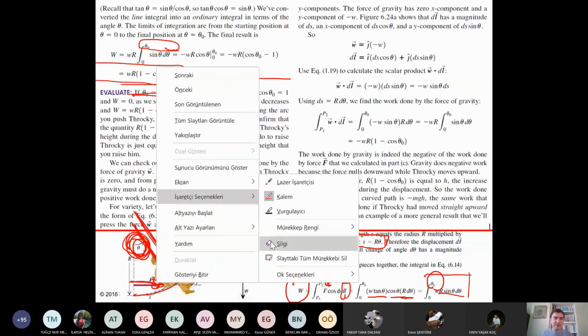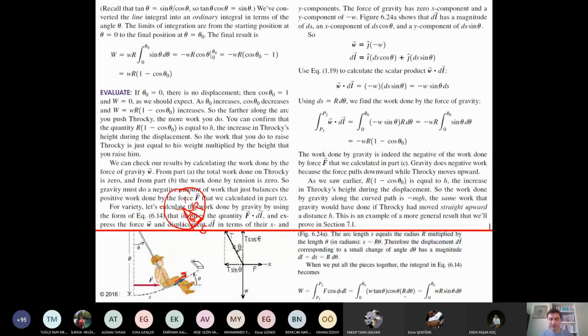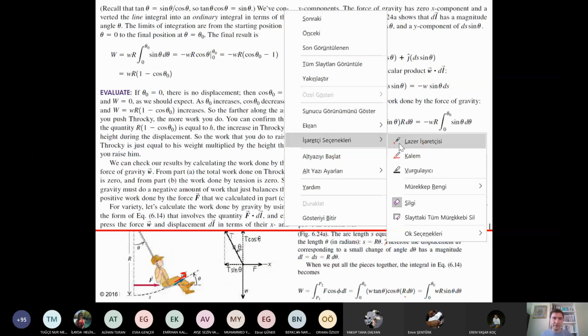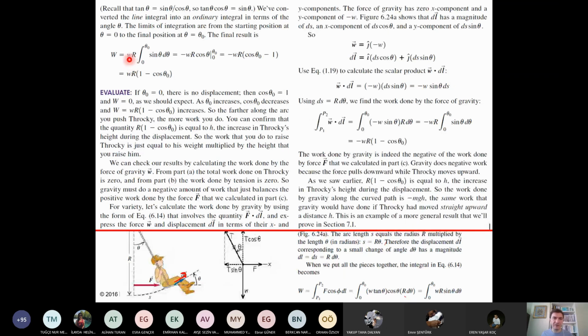Let me also discuss this one. So this was the final integral, the work done by the force. Weight is constant, r is constant, take them out of the integral. Now here we have the integral from 0 to theta 0 of sine theta d theta. The integral of sine theta is minus cosine theta, with limits from 0 to theta 0.